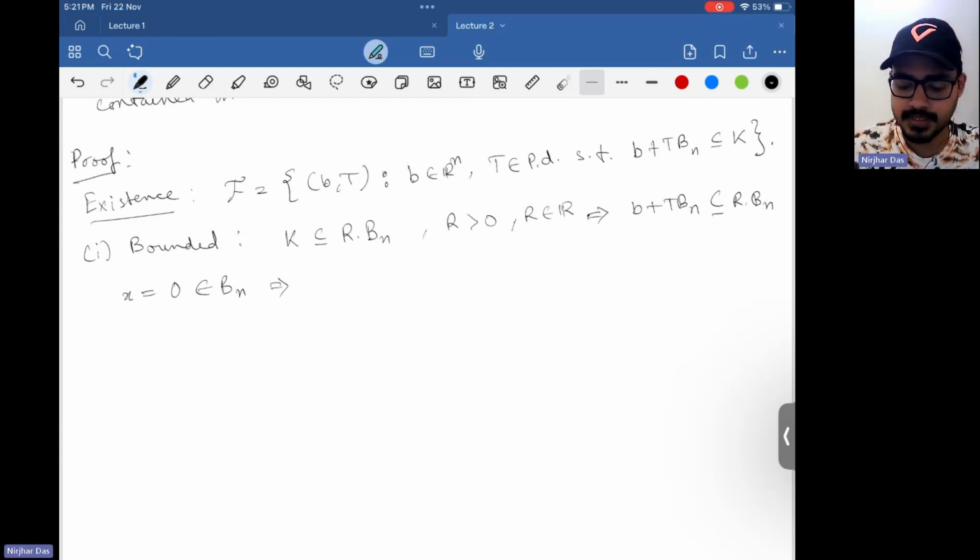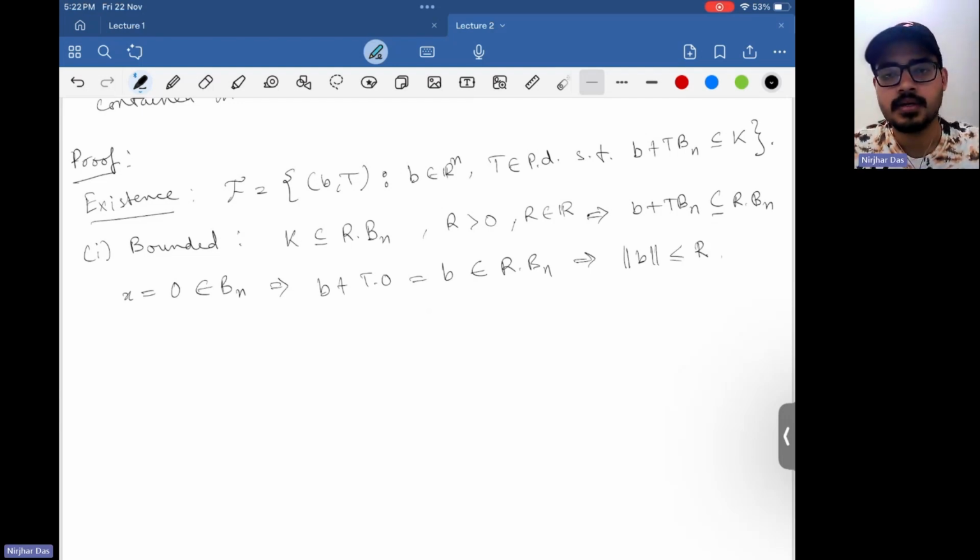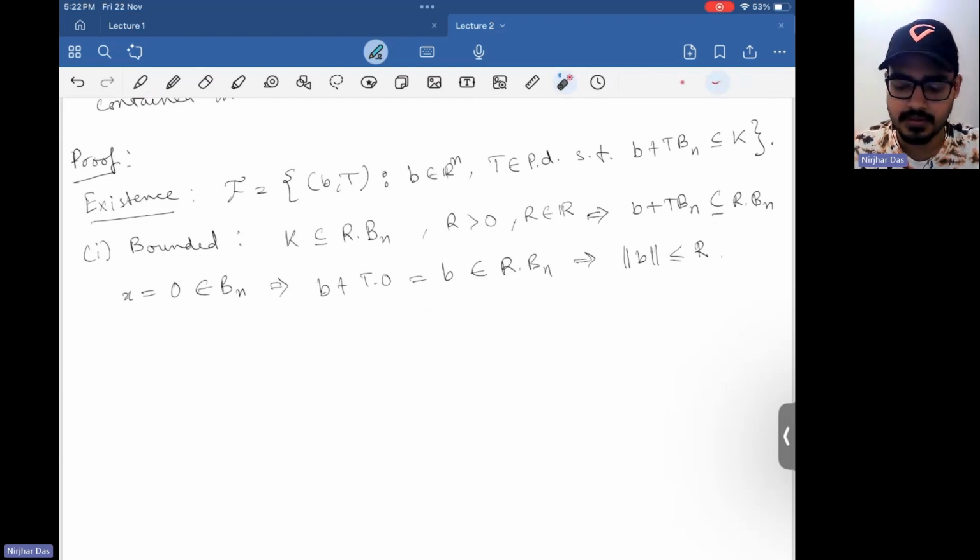So this implies that B plus T times 0, which is B, is contained in R of Bn, which further implies that the Euclidean norm of B is at most R. So all the B's that are contained in F are bounded.